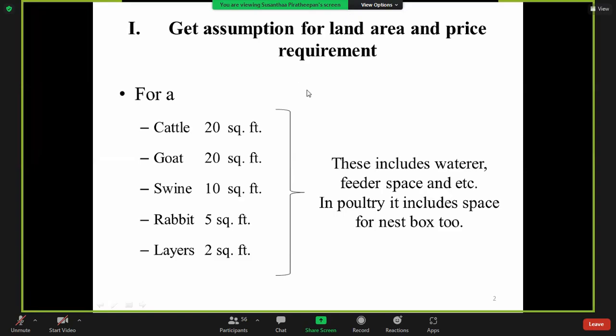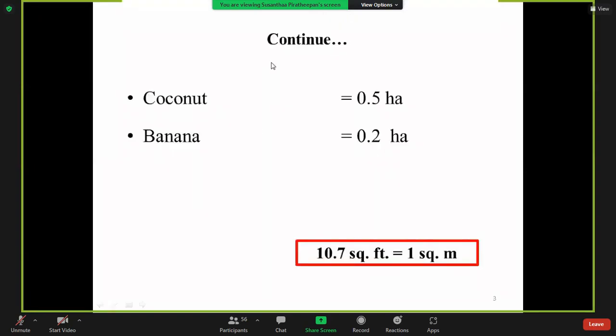Okay, so this is just a continuation. And coconut 0.5 hectares. The farmer is also planning to grow coconuts in an area of about 0.5 hectare and banana 0.2 hectare.